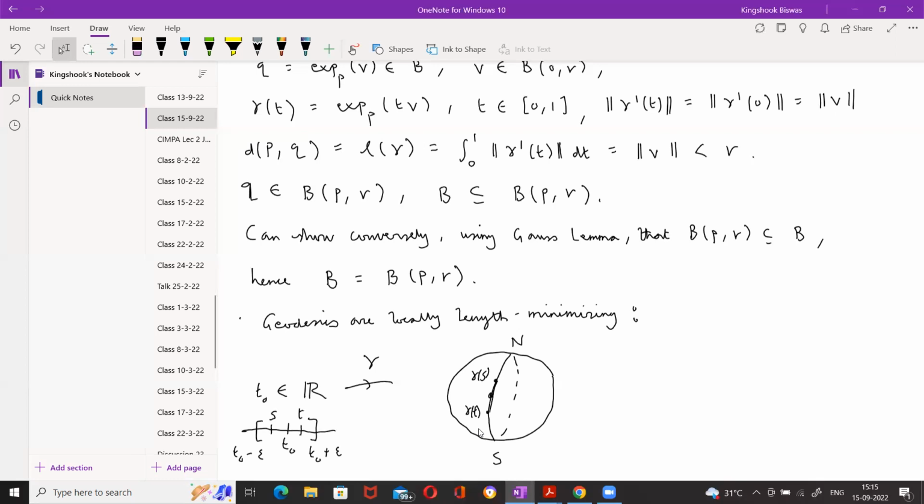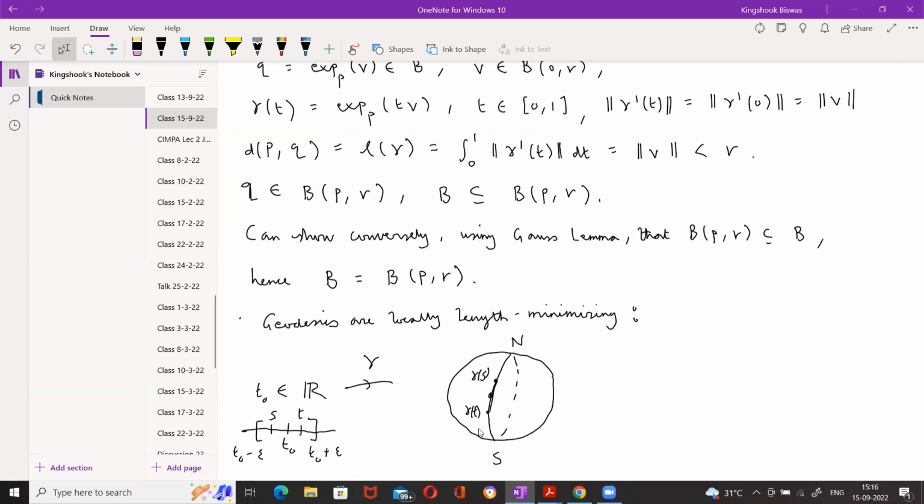Yes, sir. But note that globally it is not length minimizing. Because gamma(0) is the same as gamma(2 pi); this curve is 2 pi periodic. On the interval 0 to 2 pi, it comes back to where you started, so obviously it's not length minimizing.